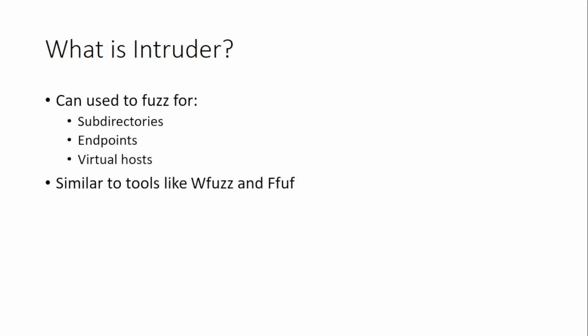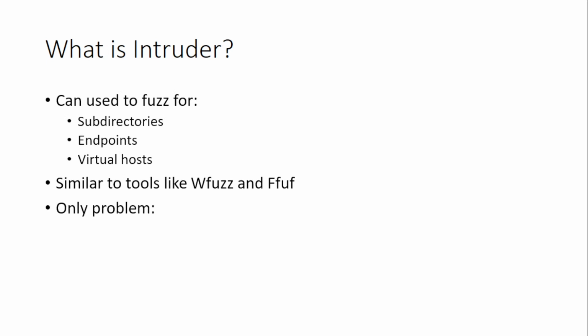So Intruder can be used to fuzz for subdirectories, endpoints or virtual hosts. This functionality is very similar to tools that we've seen, which are wfuzz and ffuf. So for automating requests, Intruder is extremely powerful.